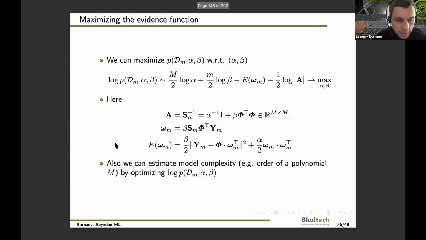And so we can estimate the model complexity also by maximizing the evidence. Why? Because this evidence also depends on the number of basis functions, given by the parameter m. So I can maximize not only with respect to alpha and beta, but also consider different numbers of basis functions and select the number of basis functions for which this log evidence provides the highest value.